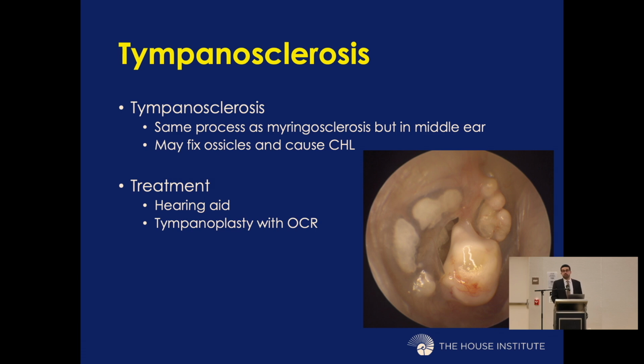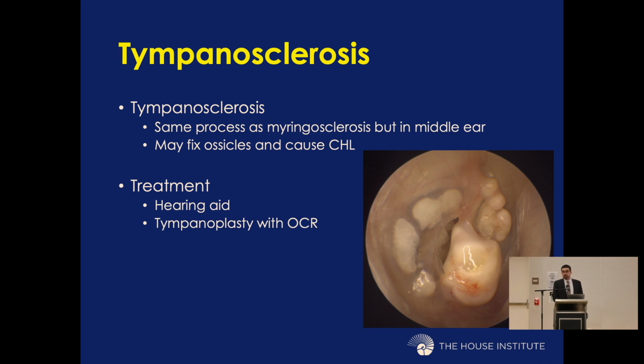If they ever, down the line, need, let's say, a cochlear implantation, we would remove any plaque that might be around the round window niche and might obstruct the view of the round window membrane. But otherwise, they will do fine with just hearing aids, and you can bypass that easily.